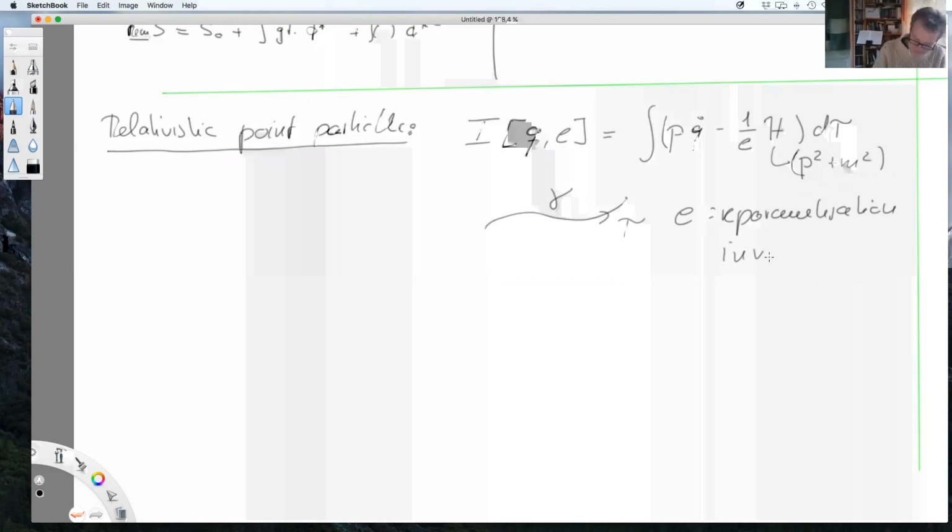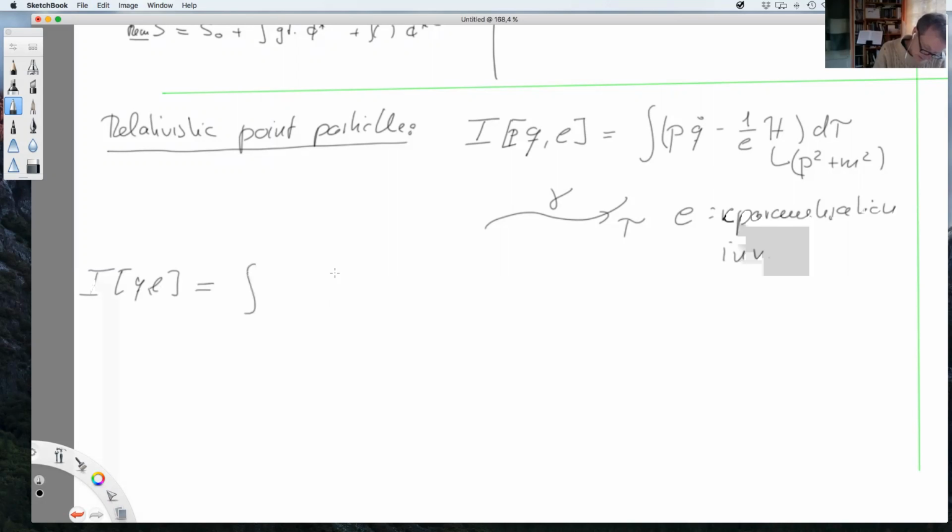So now, of course, we could do the following thing. There's another version. We can use half of the equations of motion, right? Then we will get I of, sorry, I've also forgotten here the p. So if I write here I of q and e, if I integrate out the p, so I eliminate the momentum, then I will get something like, sorry, by the way, there should be an e here, and there should be a 1/2.